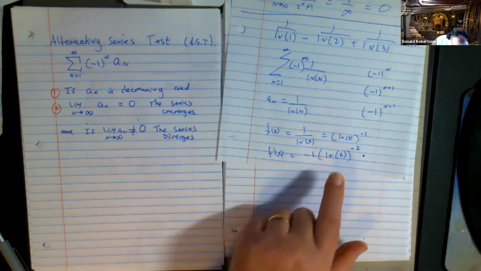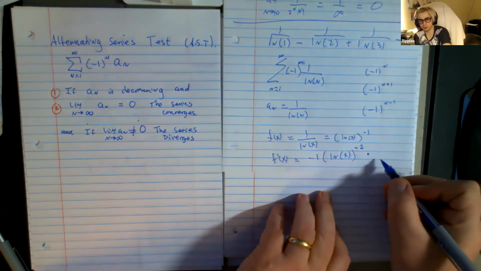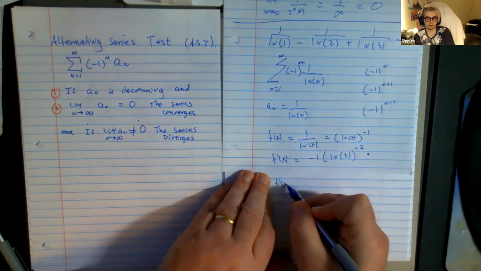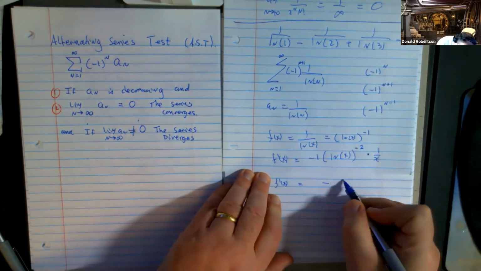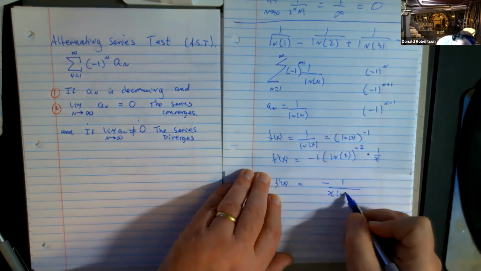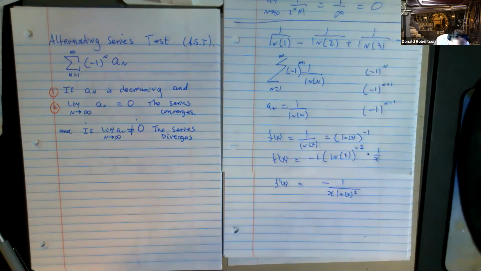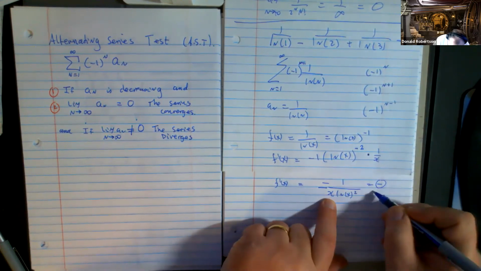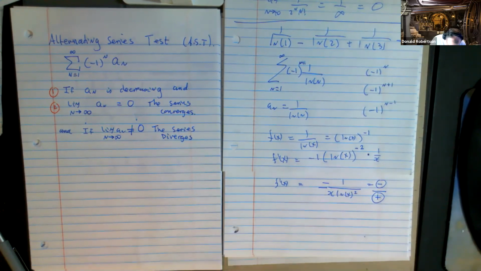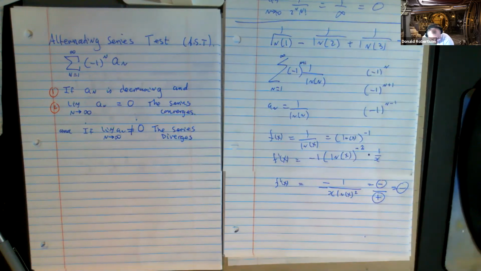What's the derivative of log x? 1 over x. Okay. And if I make it look pretty, would you agree the top is -1 and the bottom is always positive? And there's the negative that you need to prove it's decreasing. So that guy there is a converging alternating series.